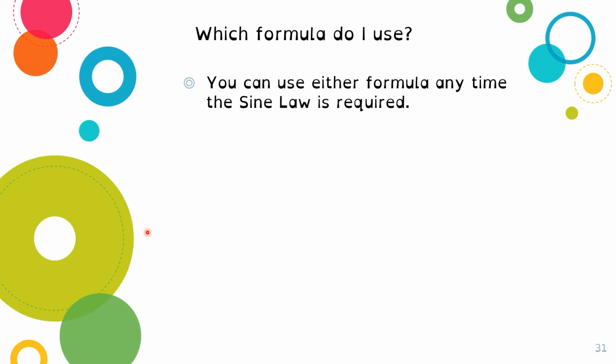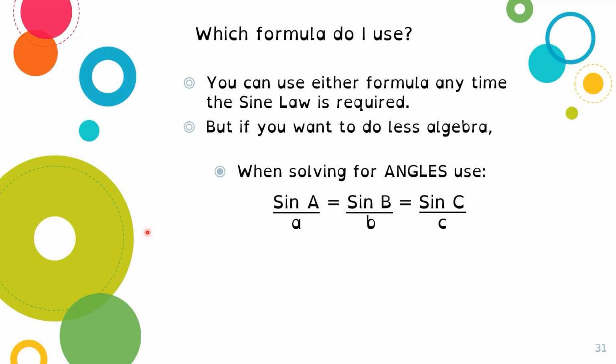So if it makes sense for you to use only one every single time and that's working for you, that is totally fine. But if doing algebra is where you often make mistakes and it's easier for you to have two options to do less algebra, then when you are solving for angles, you're going to use sine A over a equals sine B over b, which is equal to sine C over c. The angles are on the top.